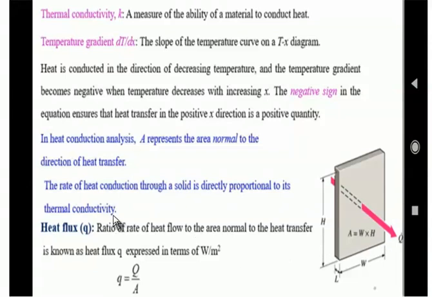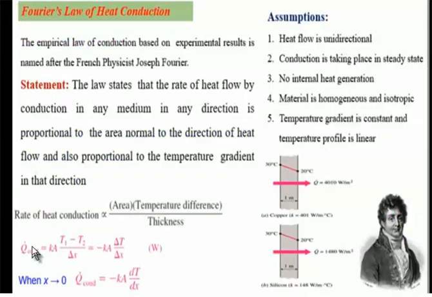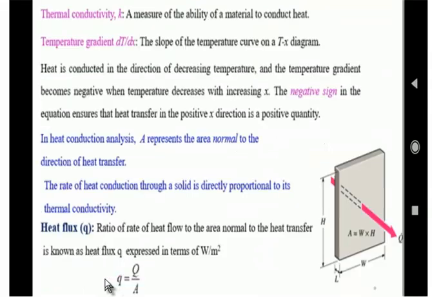Next, the rate of heat conduction through a solid is directly proportional to its thermal conductivity. These two are directly proportional to each other.